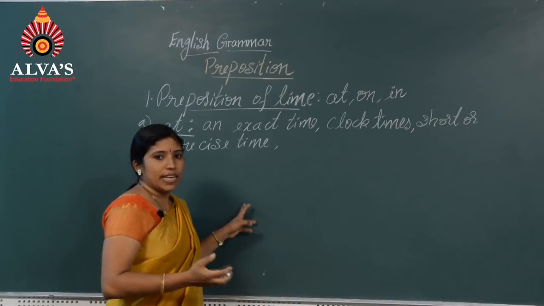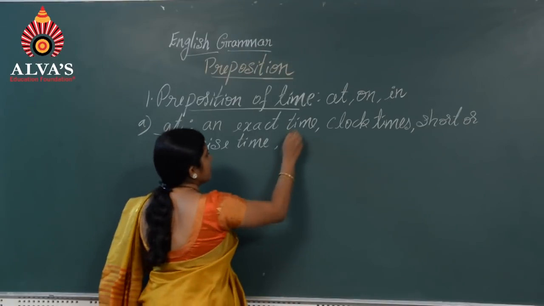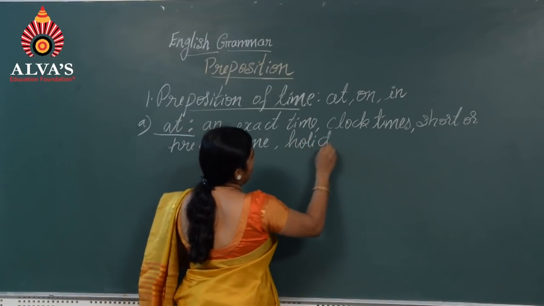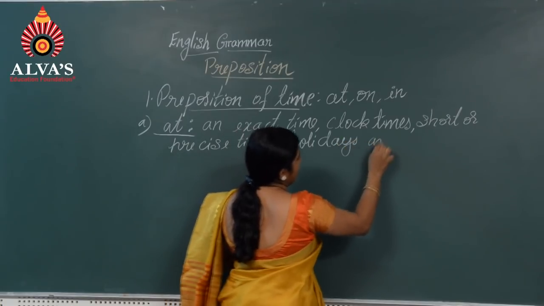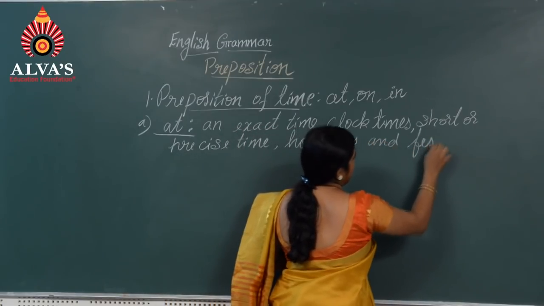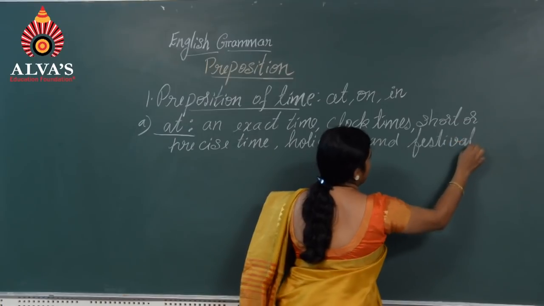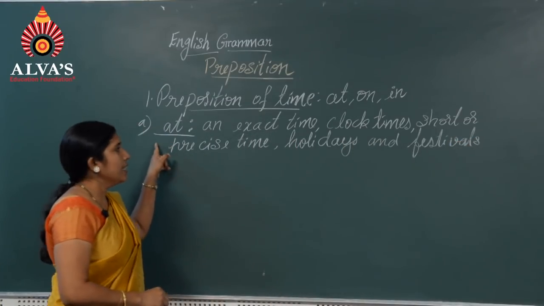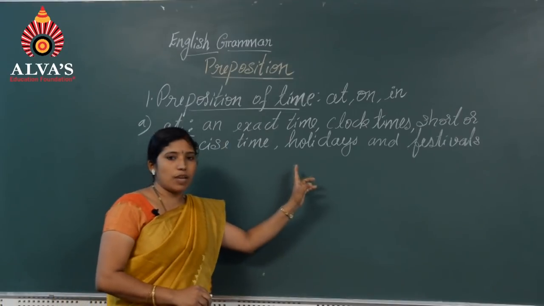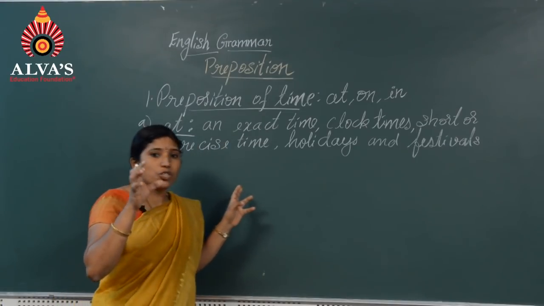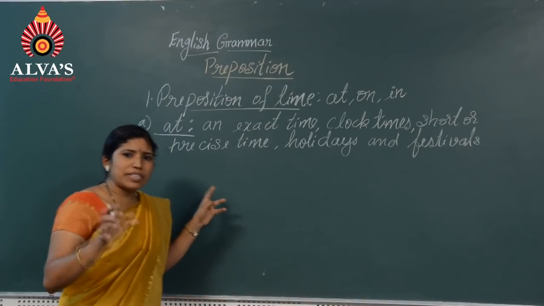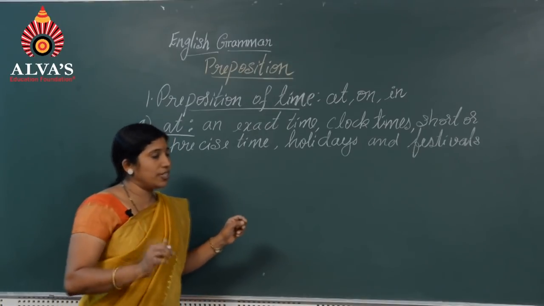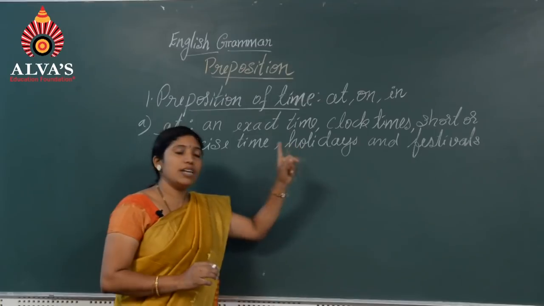And while telling about holidays or festivals. It is always used for clock times or to tell a short or precise time. What do you mean by precise time? An exact or accurate time. And also for holidays and festivals.